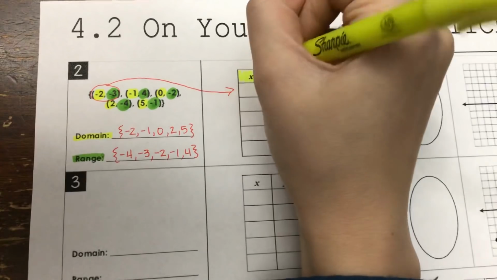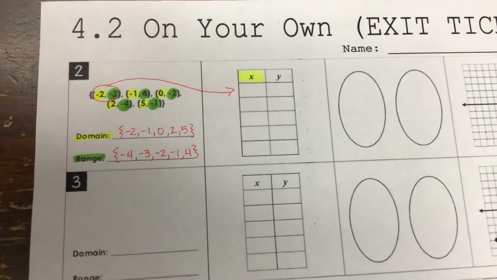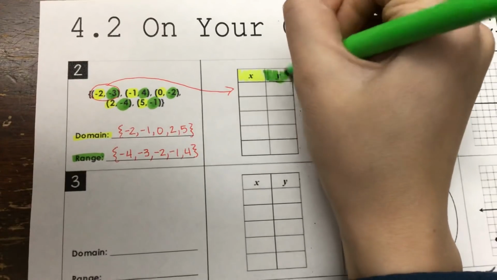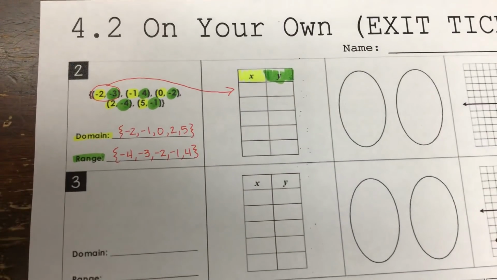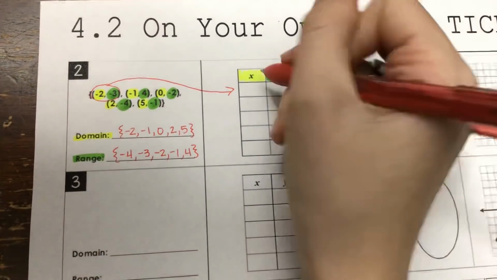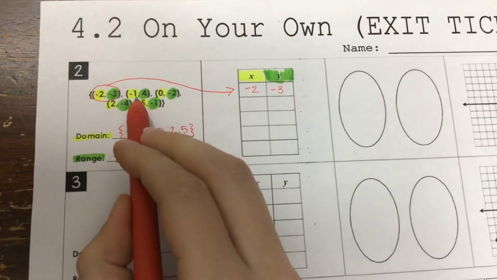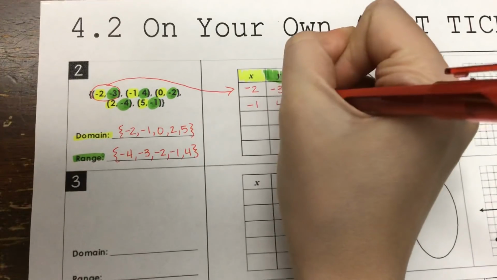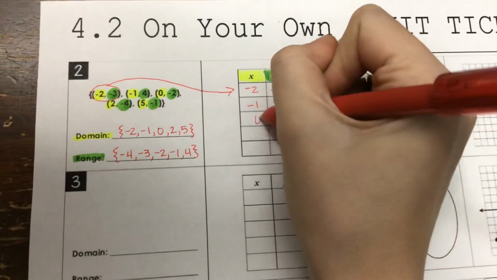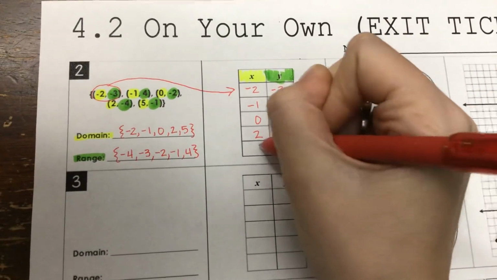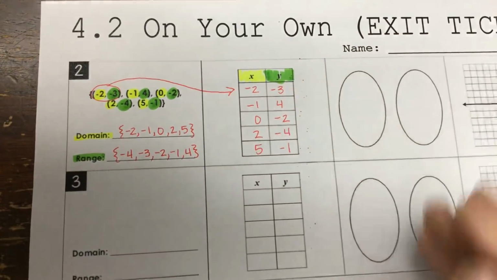The x values should always go on the left, and the y values, or our range, always go on the right. So listing this first pair, -2, -3. We can see that in there, and then going on, -1, 4, 0, -2, 2, -4, and 5, -1.